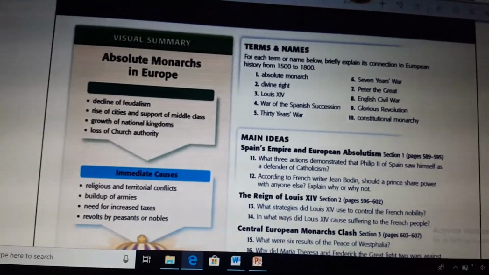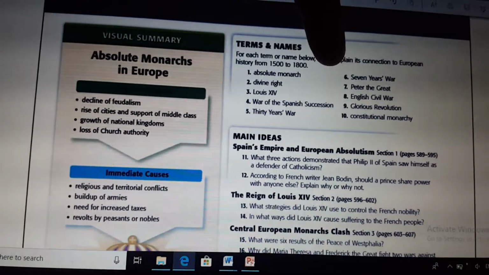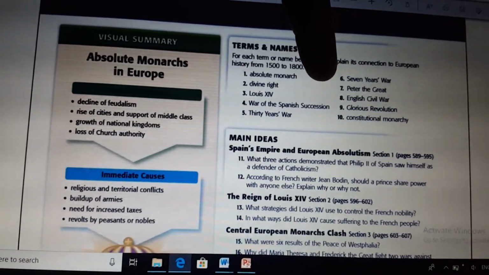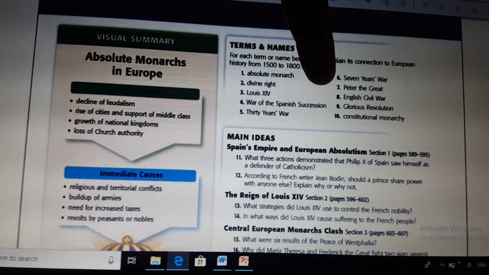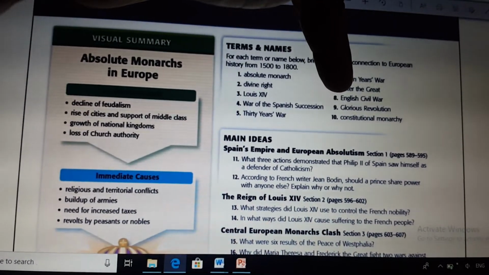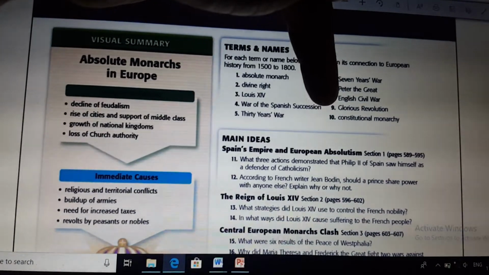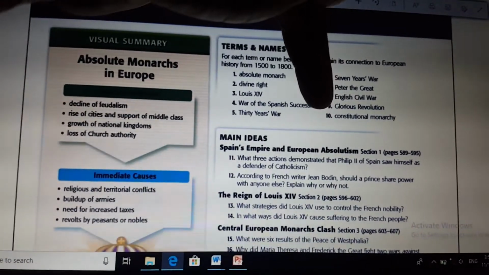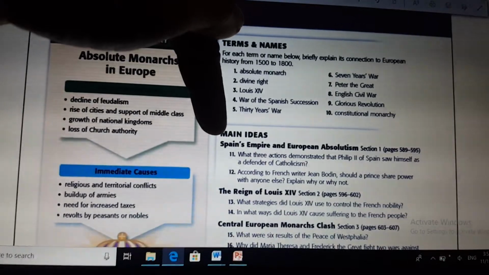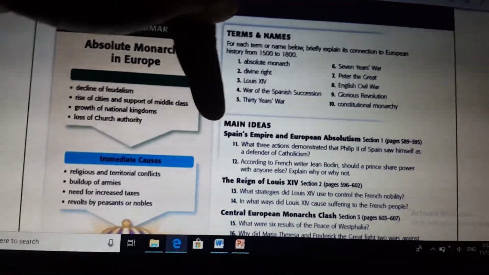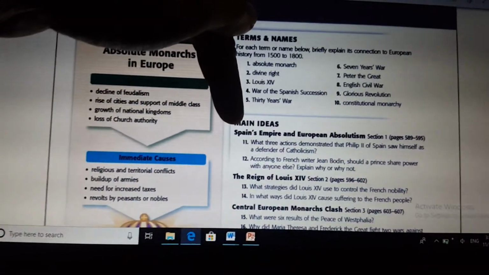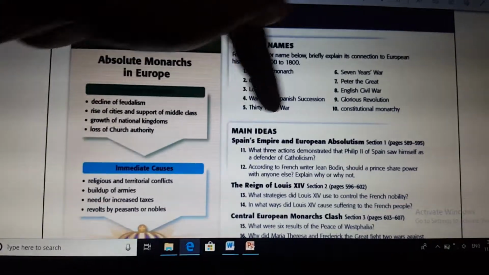Number 6, Seven Years' War. Number 7, Peter the Great. Number 8, English Civil War. Number 9, Glorious Revolution. And number 10, constitutional monarchy.